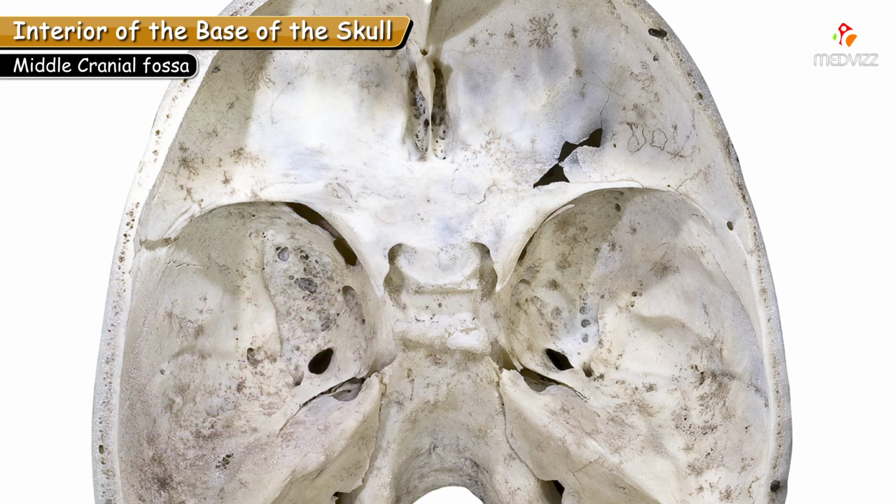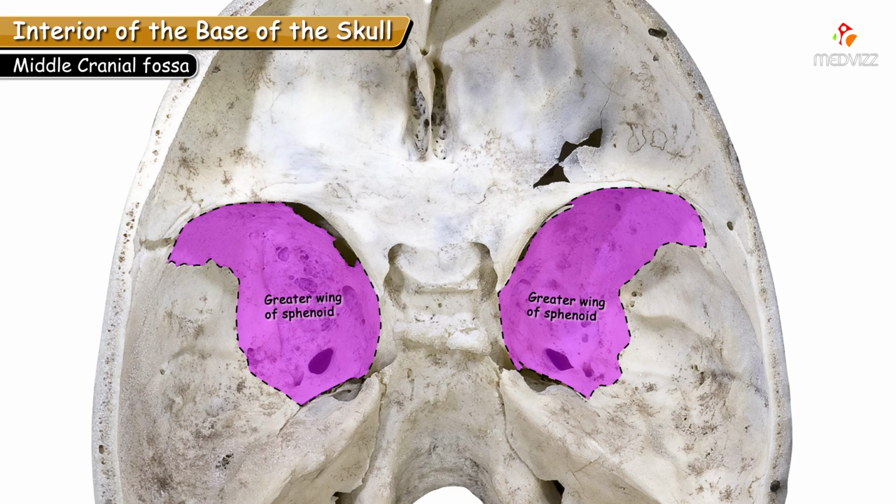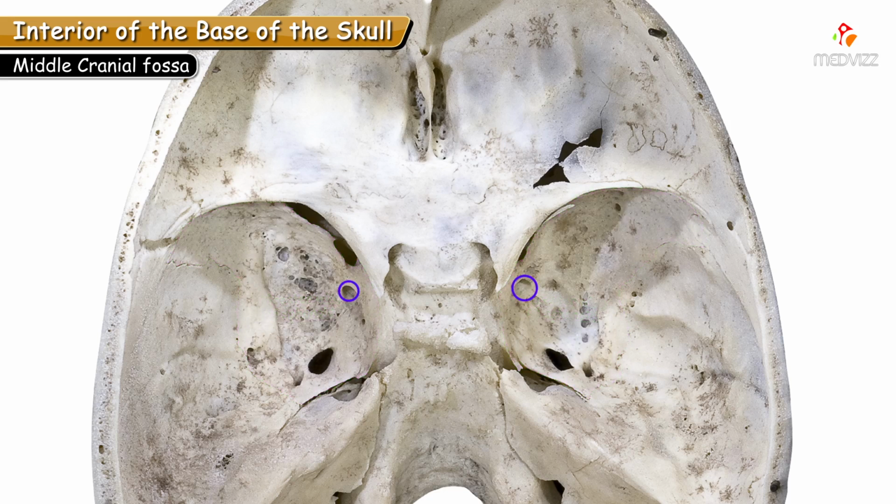Now we shall talk about the foramens present in the greater wing of sphenoid. The first and foremost foramen, which is present just below the superior orbital fissure, is foramen rotundum. Rotundum means round. So this foramen is quite round and it is oriented anteriorly.